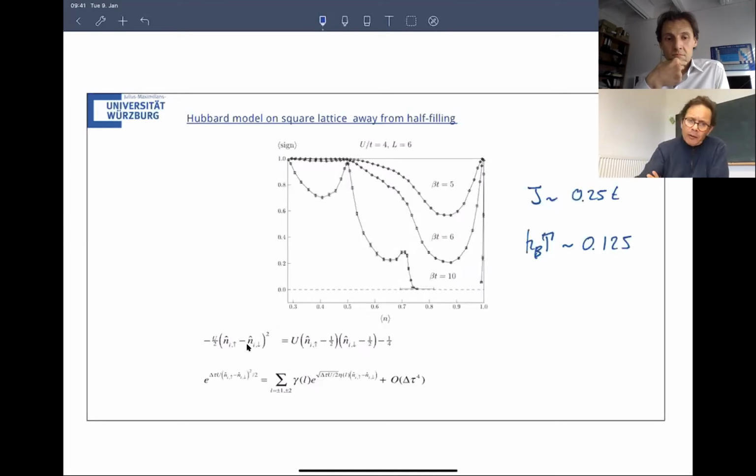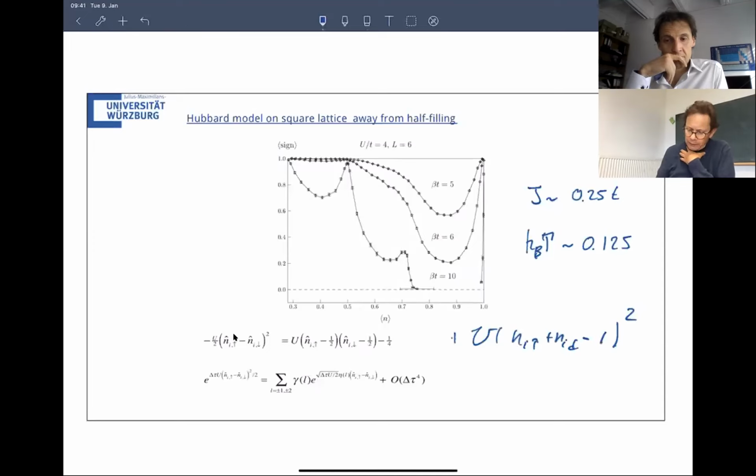If you use another Hubbard-Stratonovich decomposition where you say, okay, I'm going to write my Hubbard U as U times (n_i up plus n_i down minus 1) squared. That's perfectly legal. And then you do a Hubbard-Stratonovich because this is positive, and you will get a code which is complex.